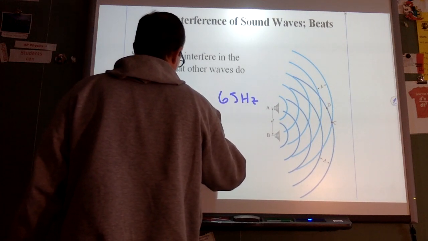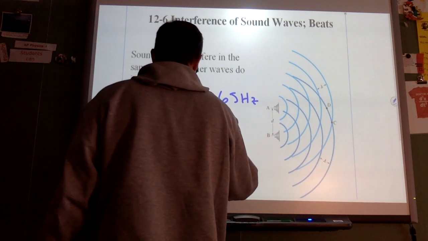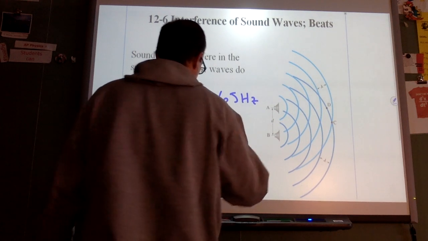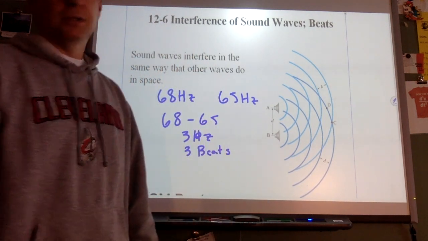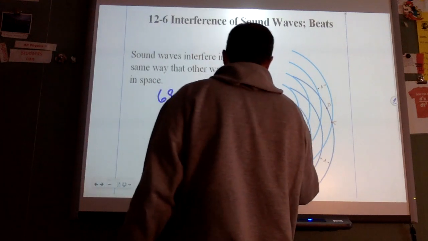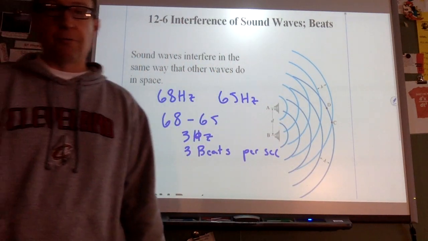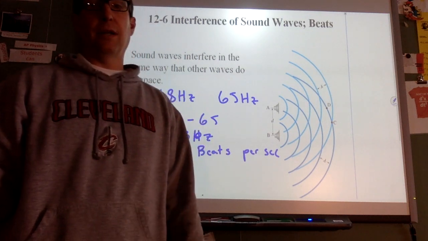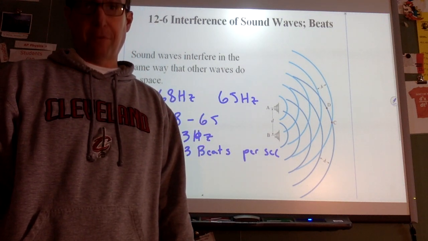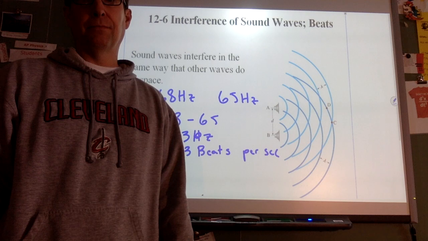It is a 3 hertz difference, so that is going to mean that you're going to hear 3 beats per second. So this accounts for 3 interference patterns, right? It's going to interfere 3 times every second.